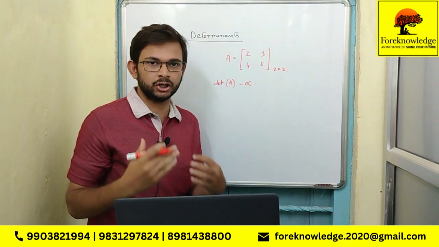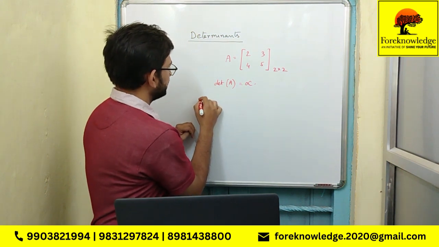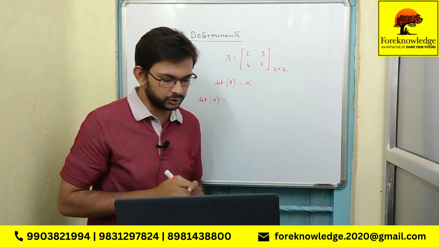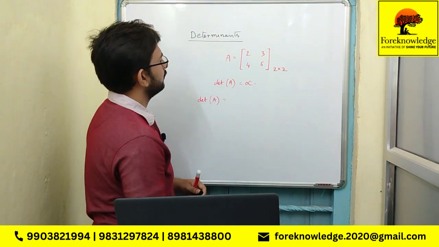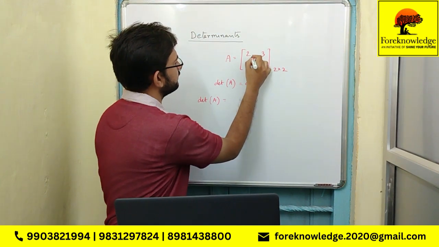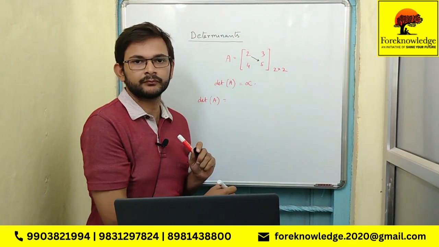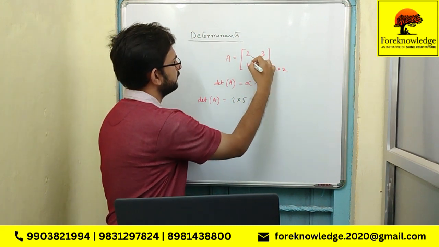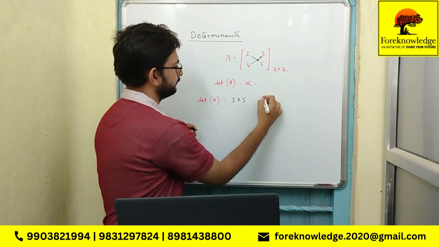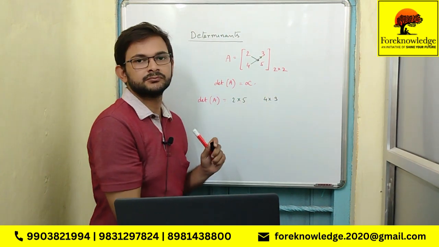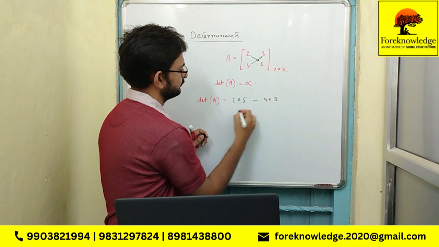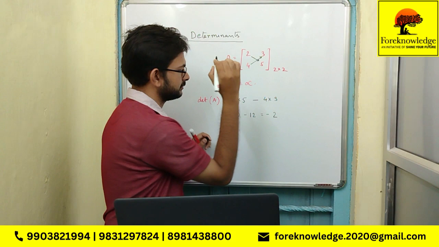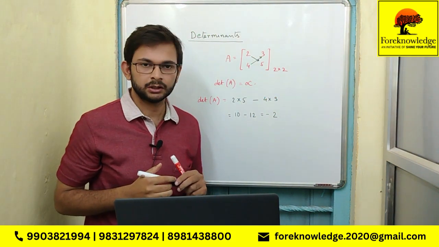What is the methodology? The technique is very simple for a 2 cross 2 matrix. Just multiply the elements diagonally. That is 2 into 5 and 4 into 3. Subtract them. So 10 minus 4 into 3, 12. This is minus 2. Got it?